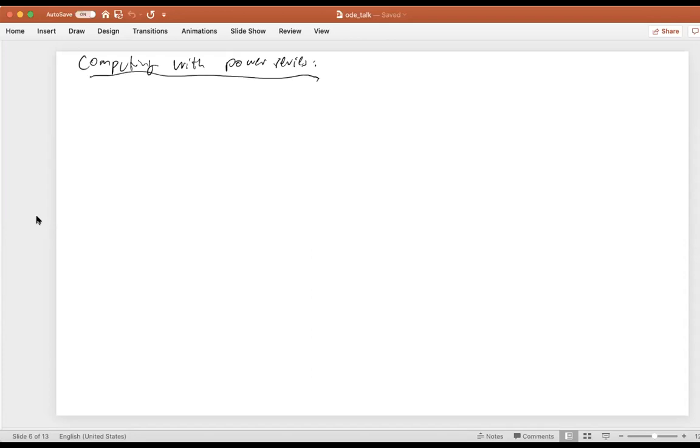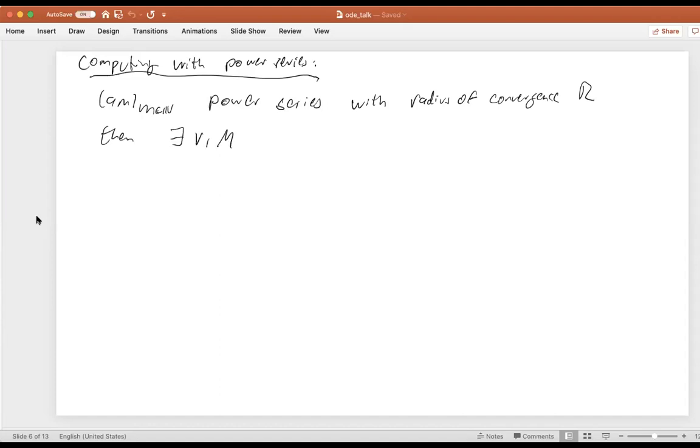So if A_m is some power series with radius of convergence R, then there are some constants R and M that bound the power series coefficients, such that |A_m| is less than M times R to the minus m for all m.